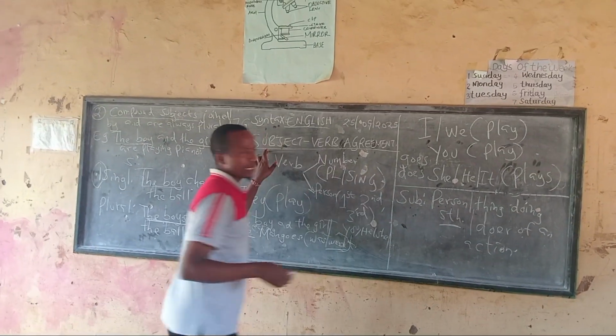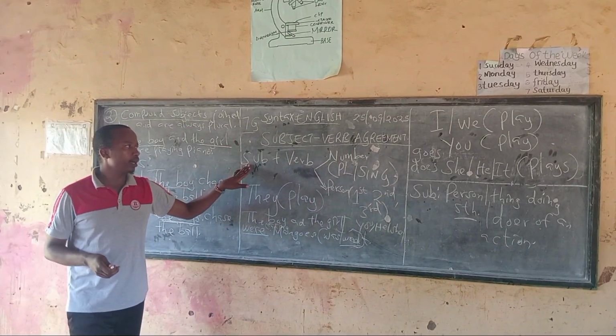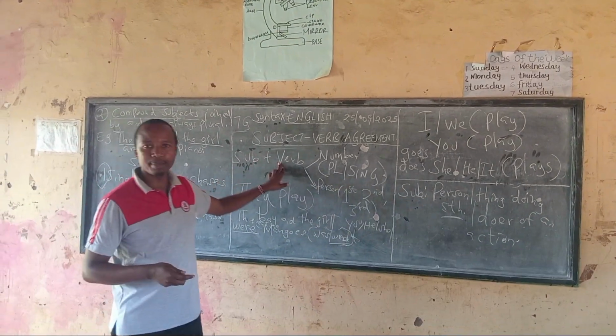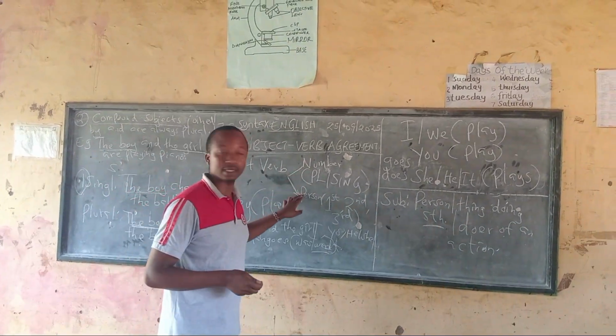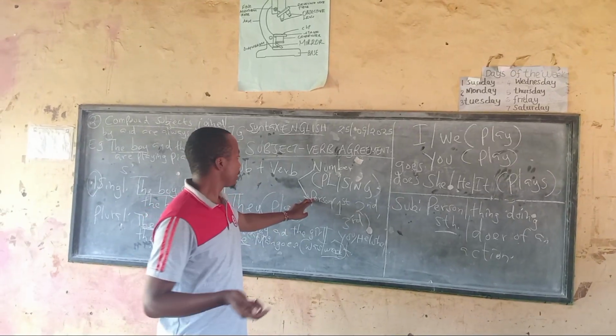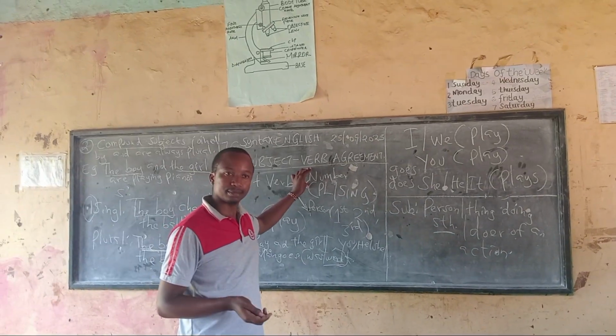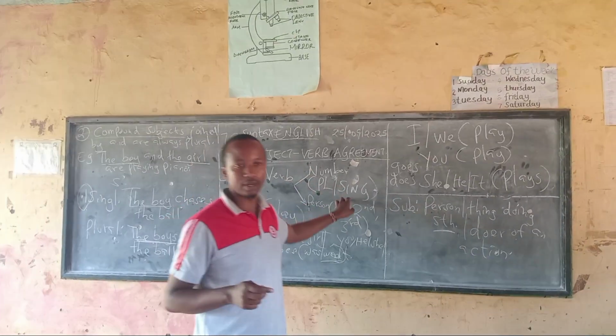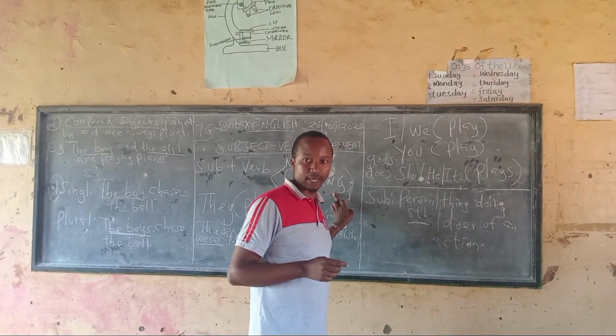Now, subject and verb agreement means that the subject and the verb agree in terms of number and person. We have already said that when you talk about number, we mean plural or singular. Are we together? Yes.